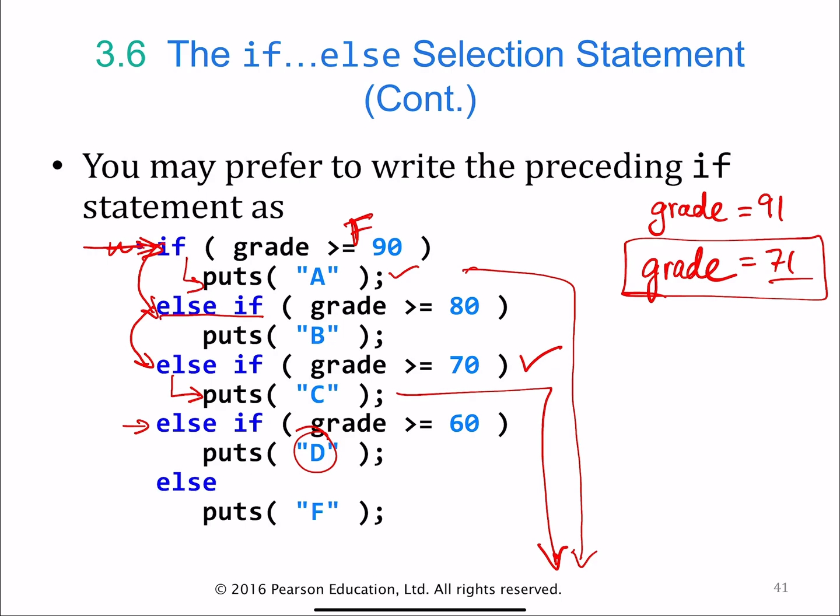Once you enter into any one of the code blocks associated with either the if or else if blocks or else block, well, actually the else block is the last one, you execute those code blocks and you jump out to the line of code after the else statement's code block.